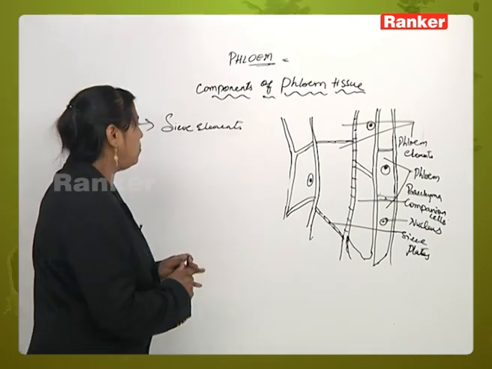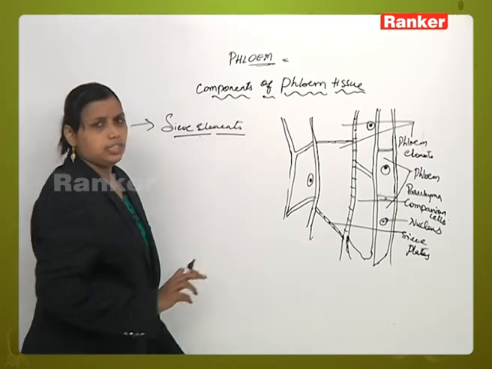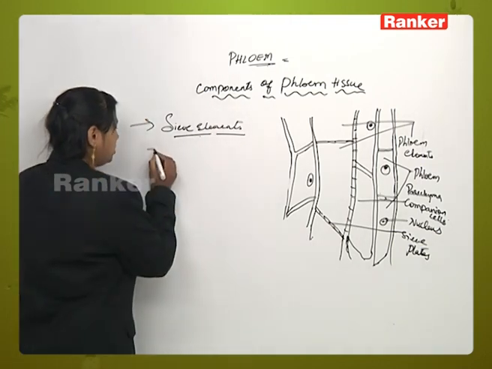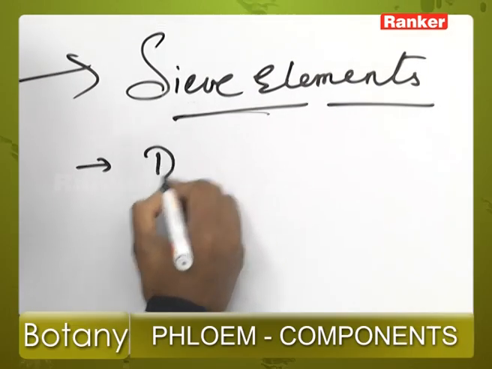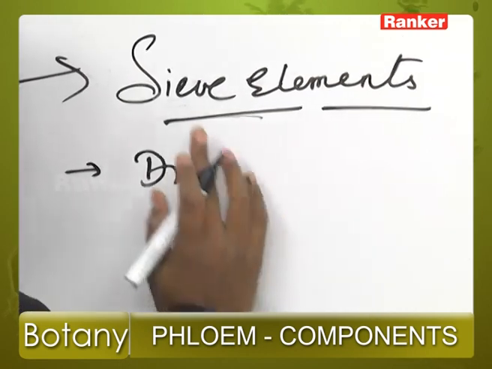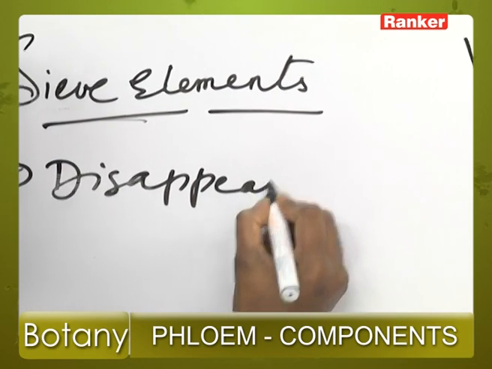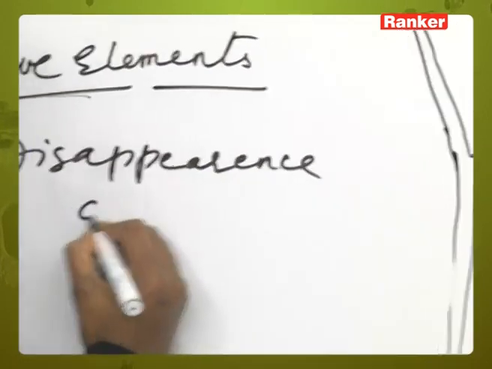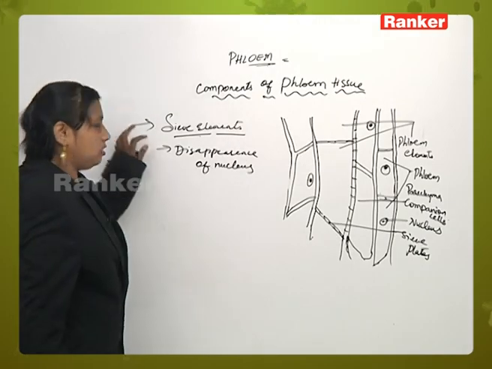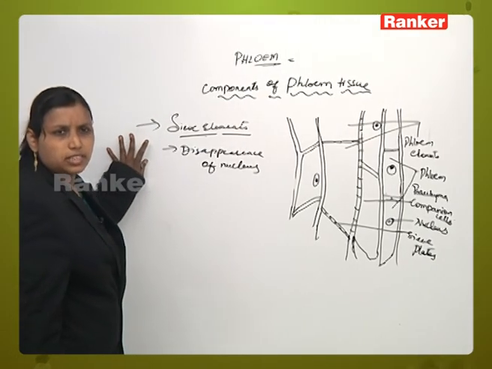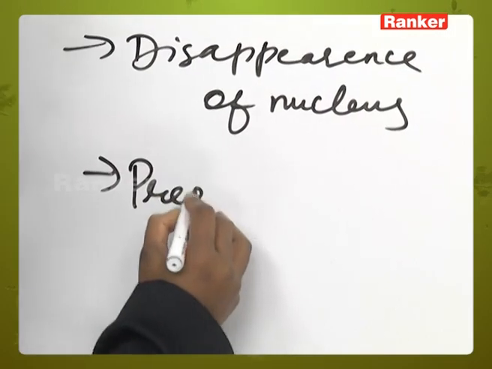In sieve elements, we will study the important characteristics. The first and foremost is that sieve elements will not have a nucleus; it shows the disappearance of the nucleus. But they show the presence of sieve areas.